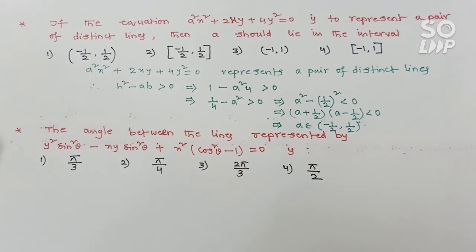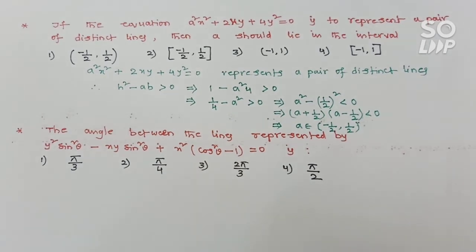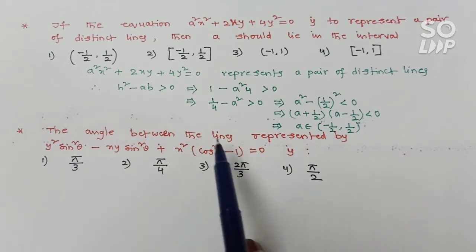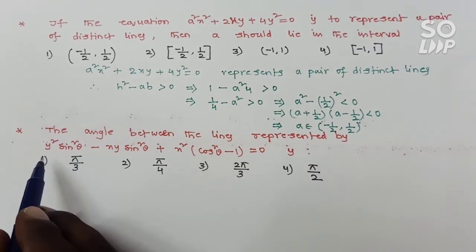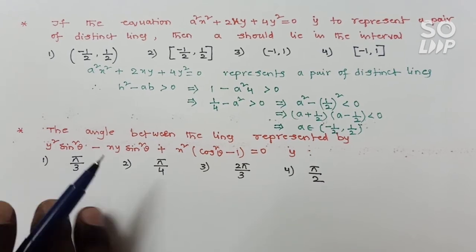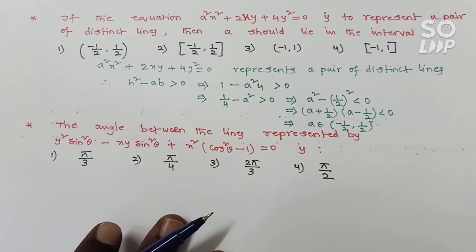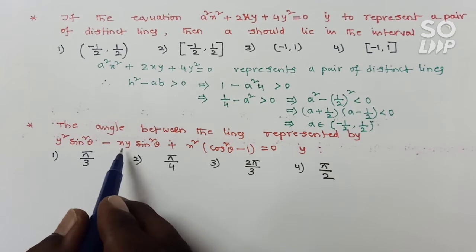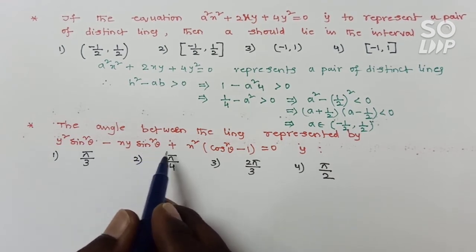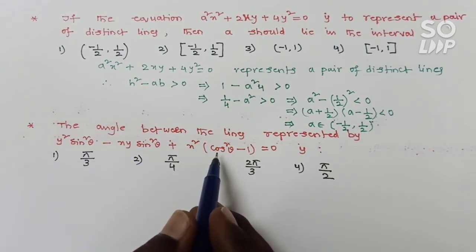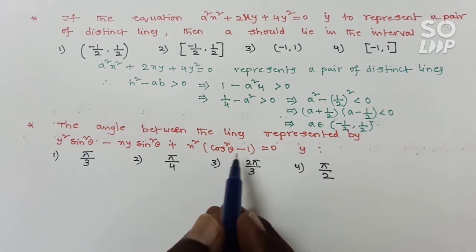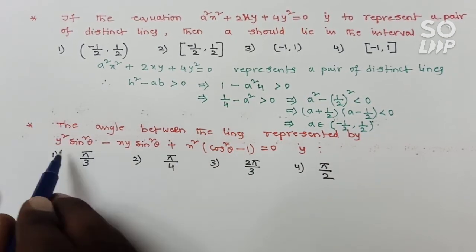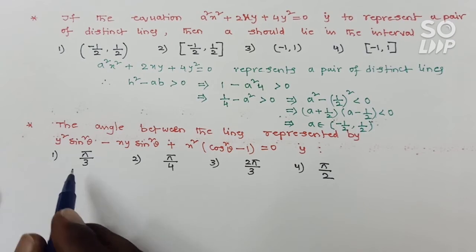Okay, right, now you see the next question. What is the next question? The angle between the lines represented by y square into sine square theta minus xy into sin square theta plus x square into cos square theta minus 1. This one you write in the proper order.